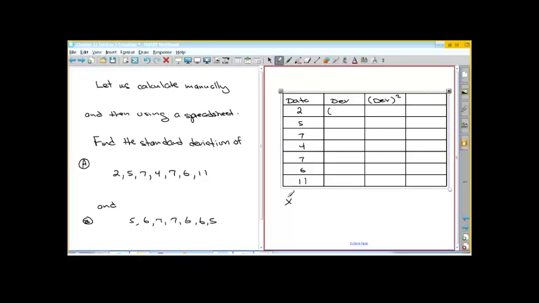The average, or the mean, I'll put down here, is 6. So the deviation is x minus x bar. So x is what's in this column, x bar is what's down there. So it's basically 2 minus 6, which is negative 4. So 2 is 4 less than the mean, so it's negative 4.